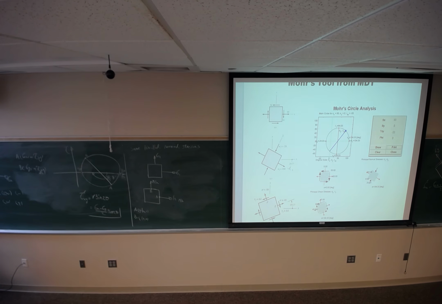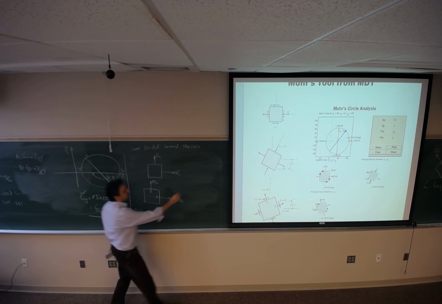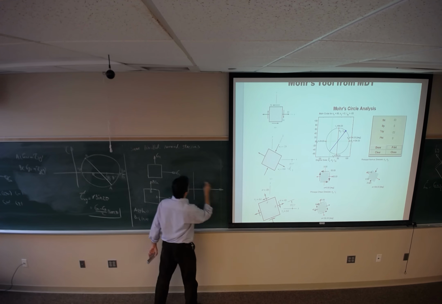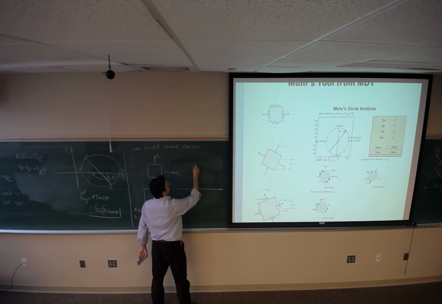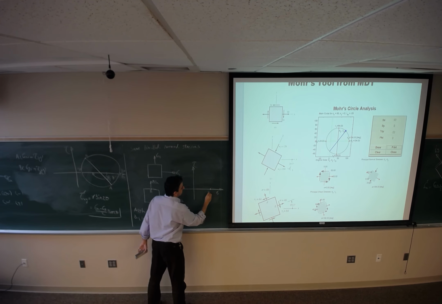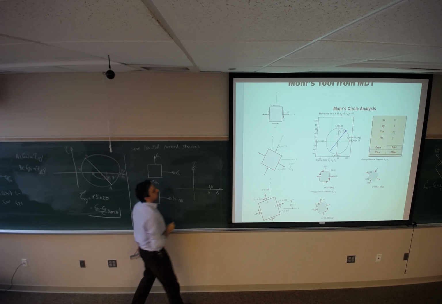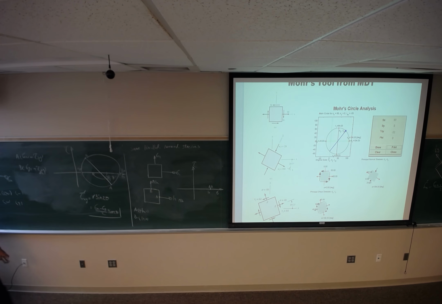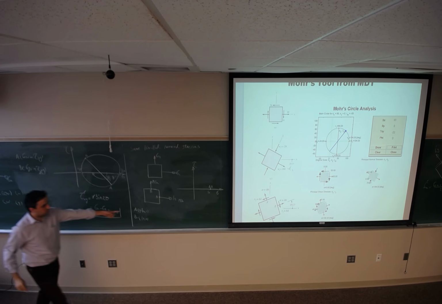Then you need to locate point A and B. If this is 10, point A is going to be here, point B is going to be at the same location because they have the same coordinates.